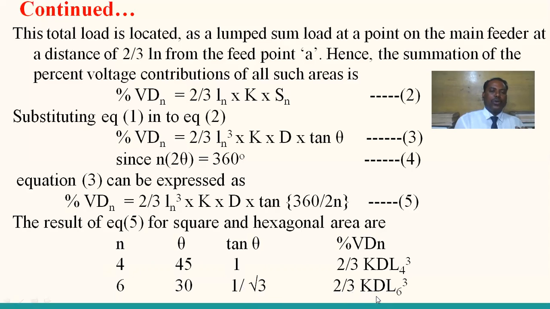So we have developed an equation for the percentage voltage drop of a substation service area serving n number of feeders: the percentage voltage drop of 1 feeder out of n feeders is equal to 2/3 ln cube into k into d into tan 360/2n. This equation is validated for the square shape as well as the hexagonal shape, so that it is tallied.